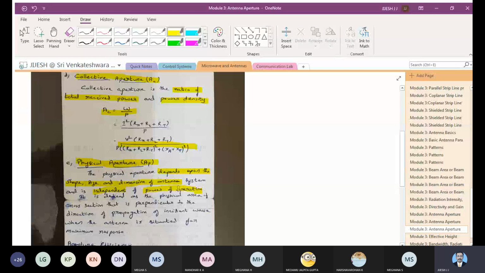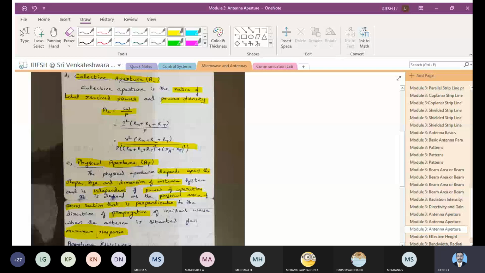It is defined as the physical area of cross section. It's the area of cross section particular to the direction of propagation of the incident wave, where the antenna is situated for maximum response. So you need to get the maximum output. That is very important, the maximum response.